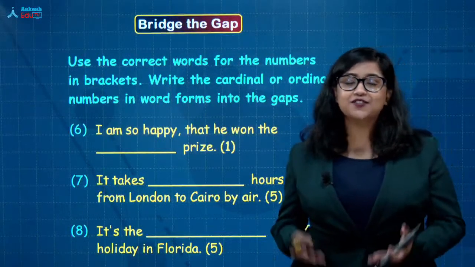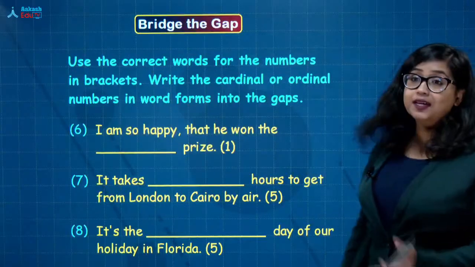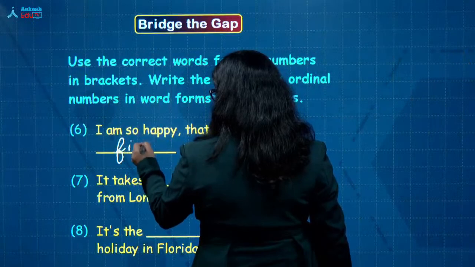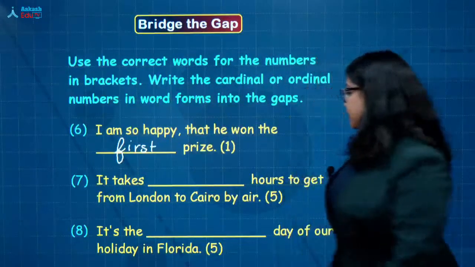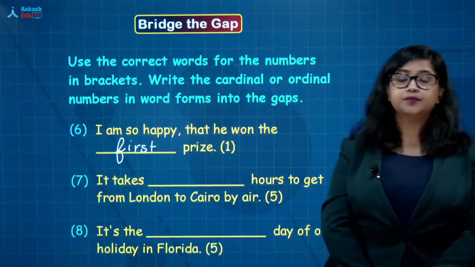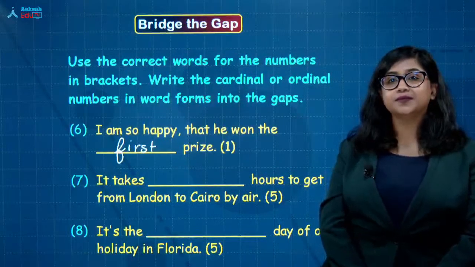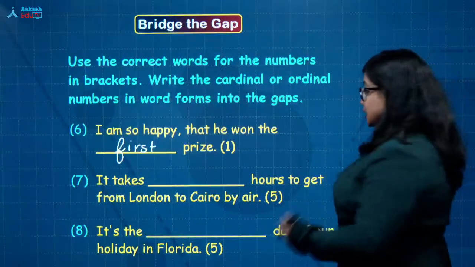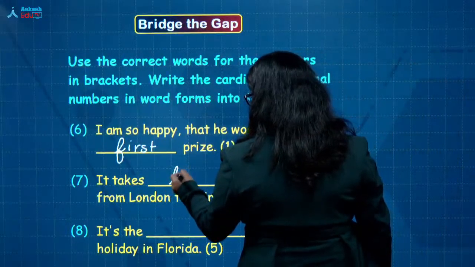Good job guys, very well done. I'm so happy that he won the first prize. Next one. It takes dash hours to get from London to Cairo by air. Kudos to you all. Well done. It takes 5 hours.